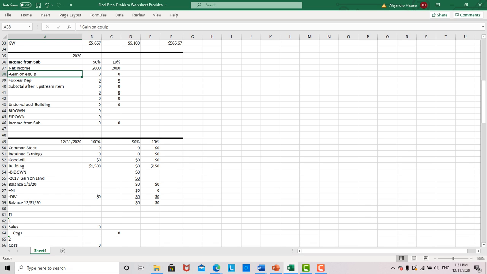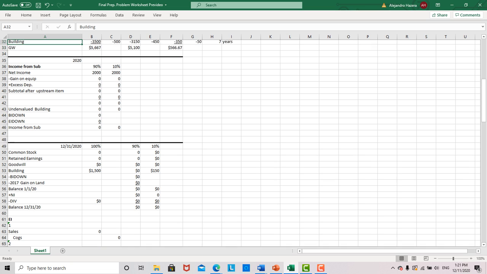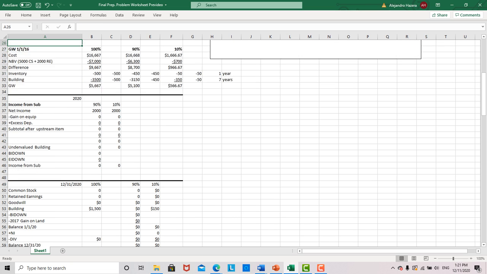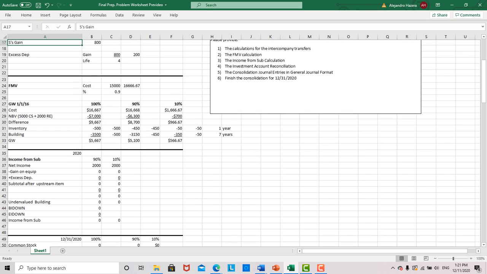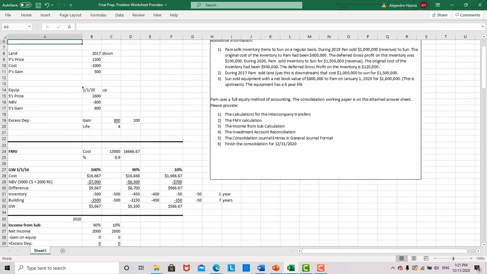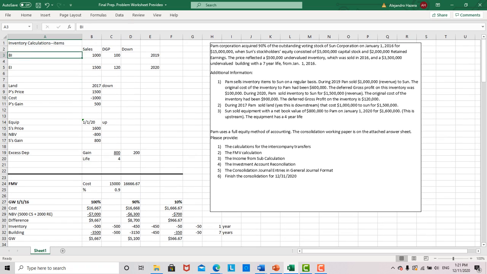Now we've got two items, intercompany transfers, which can affect this year's income. First, this inventory item from last year is leftover gross profit from last year on inventory that was sold this year to a third party.